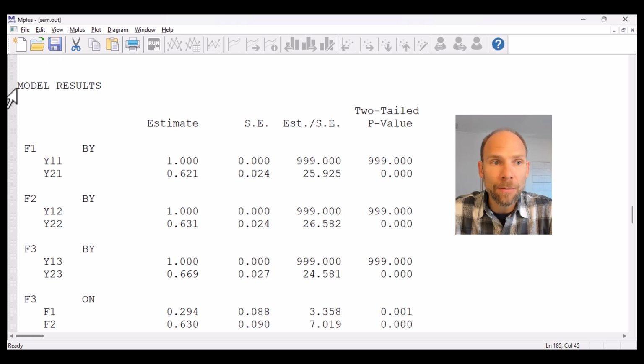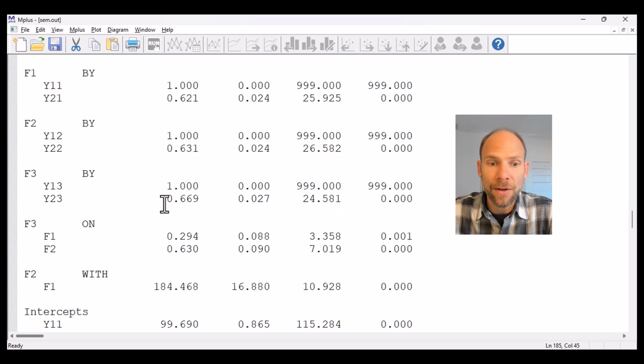And so in the model results section, we obtain then the unstandardized parameter estimates for our structural equation model. And so in that output, we should first of all take a look at those estimates in the first column. Those are the point estimates of the factor loadings, of the regression coefficients in the structural model, of the correlation or covariance in this case between the exogenous or predictor variables, here F1 and F2.